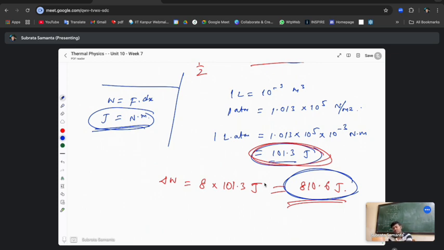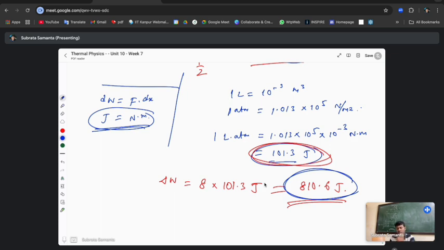Using dW equals F times dx, we know that force times displacement equals work done. This tells you that joule is nothing but Newton meter. Newton is the unit of force, and dx is meter in SI units.